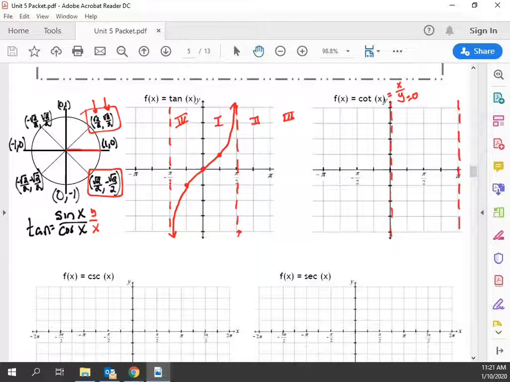What's the coordinates of pi over 2? 0, 1. Write that 0, 1. If it's x over y, what is the x value? 0. What's the y value? 1. So what's 0 divided by 1? 0.